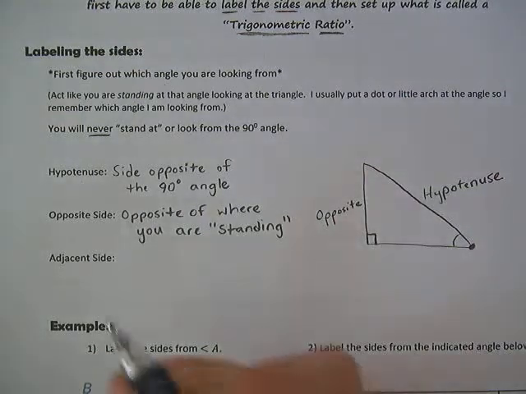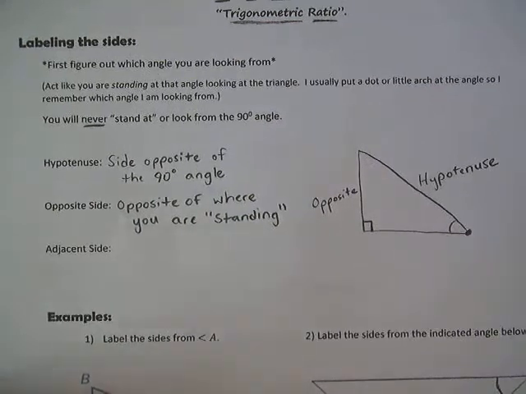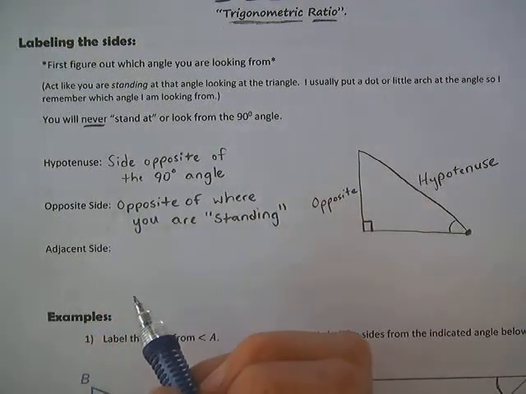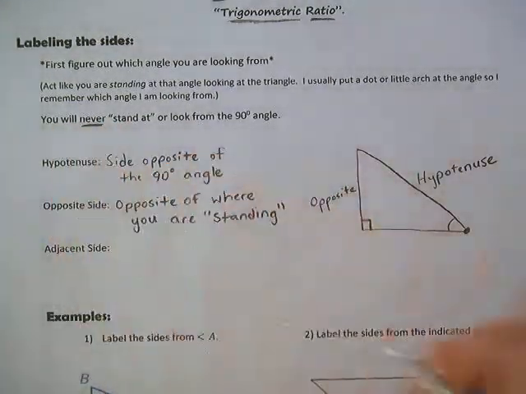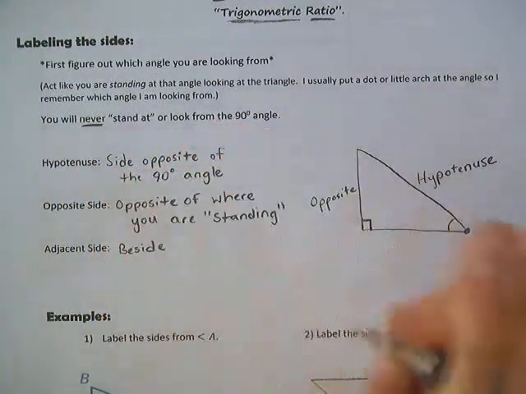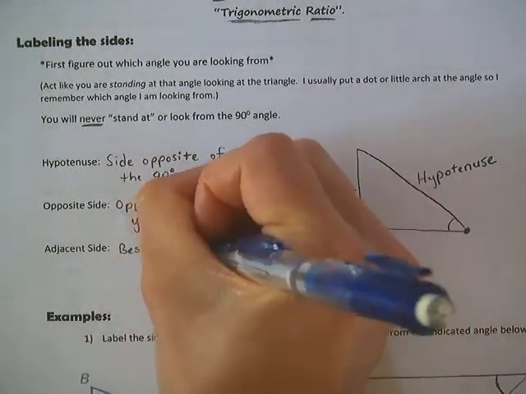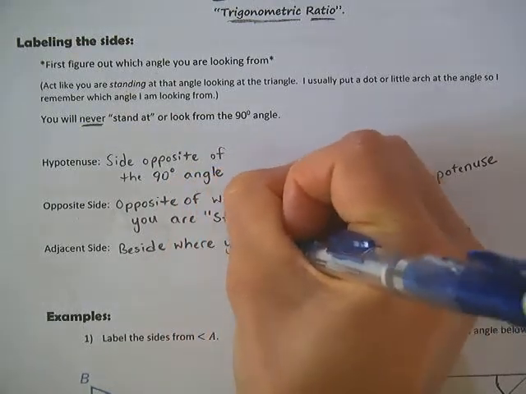Okay. And then the adjacent side, that's the one that is a little bit trickier for most people. So usually I just kind of use process of elimination and I find my other two sides first. So if you already know what these sides are, then you can kind of look at your triangle and know which one's the adjacent side. But the adjacent side is the one that is beside where you're standing. So adjacent, a lot of people associate with the word beside. So it's beside the angle you're standing at, beside where you are standing.